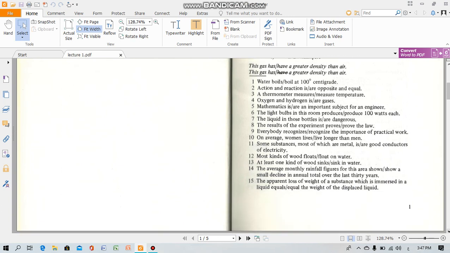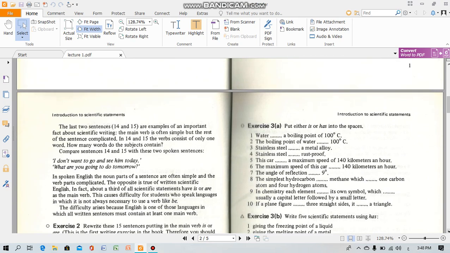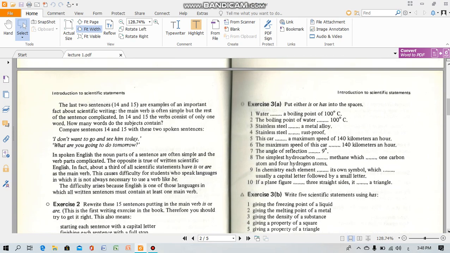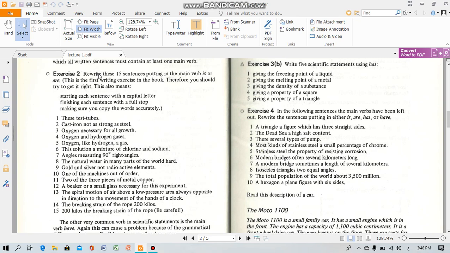Number 12. By the way, I left 12, 13, 14, 15 as homework for you. Now, go to explain exercise 2. Here, he asked me to rewrite these 15 sentences, putting the main verb is or are.